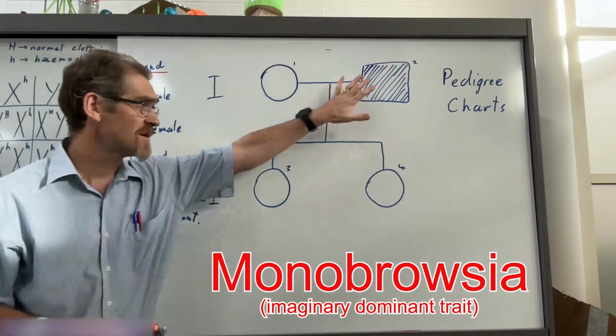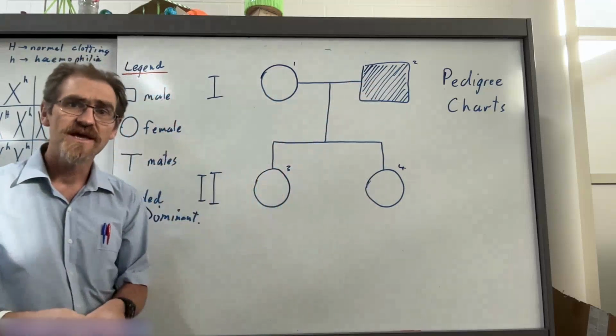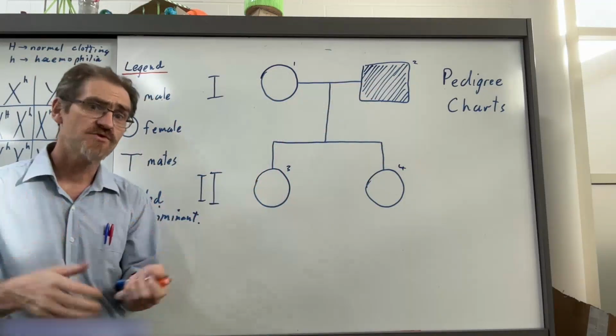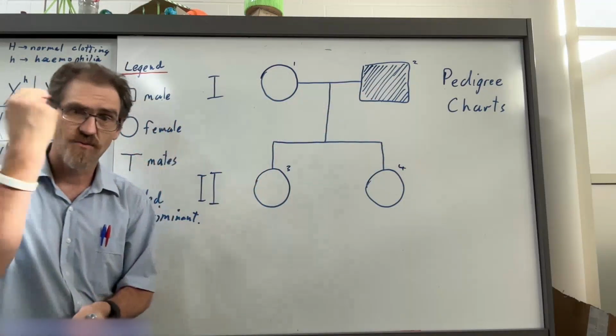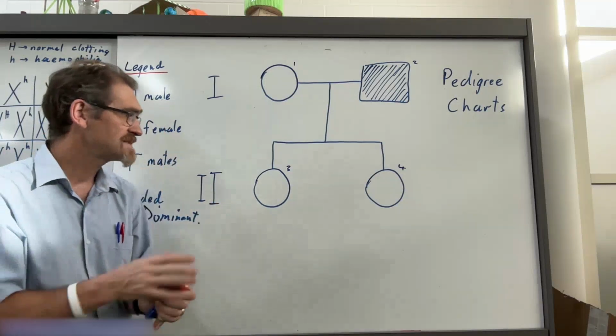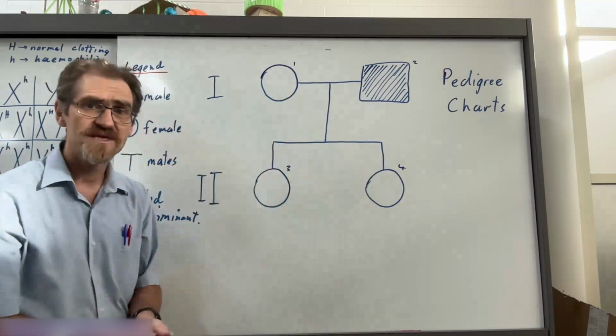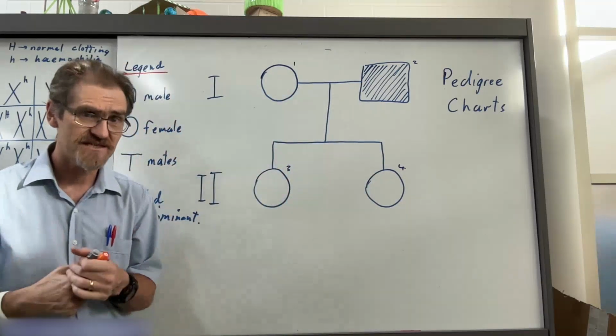So if we said that this was a dominant trait here, that would make 1, 2, 3 individuals phenotypically the recessive trait of having 2 eyebrows. I'm saying that 1 eyebrow is dominant. That's just make-believe. I'm making it up. And I'm saying for the sake of this pedigree chart that 1, 2, 3 individuals are in the recessive state, recessive phenotype.